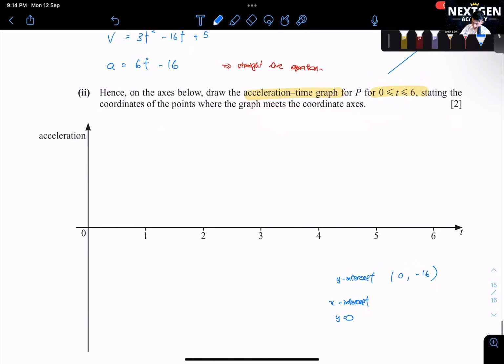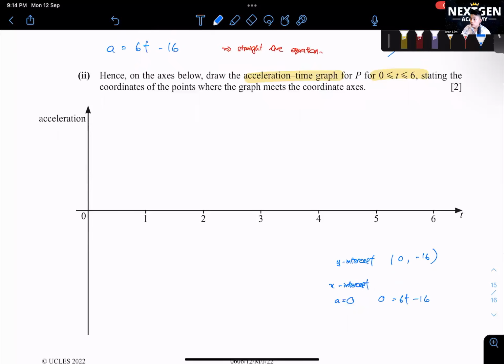So 0 equals 6t minus 16. I think y'all don't follow the value there.